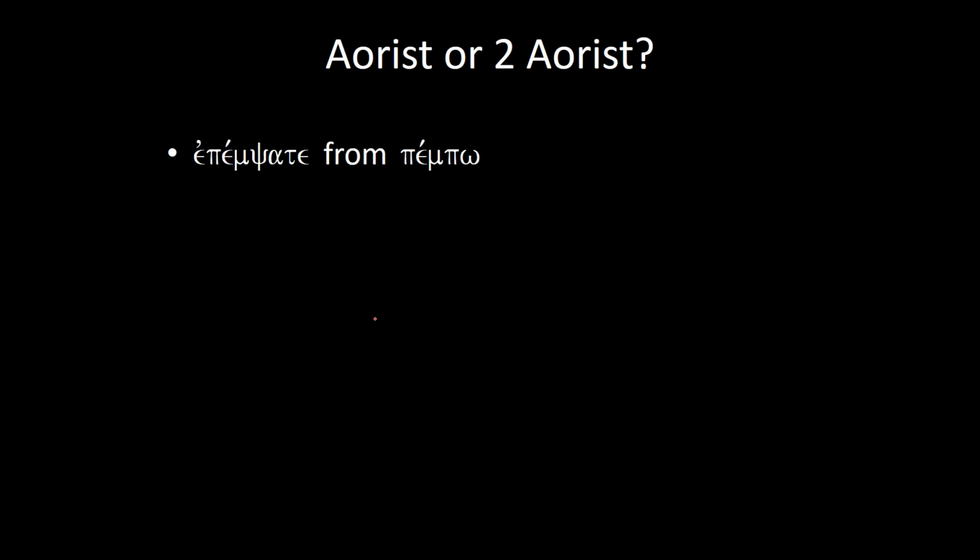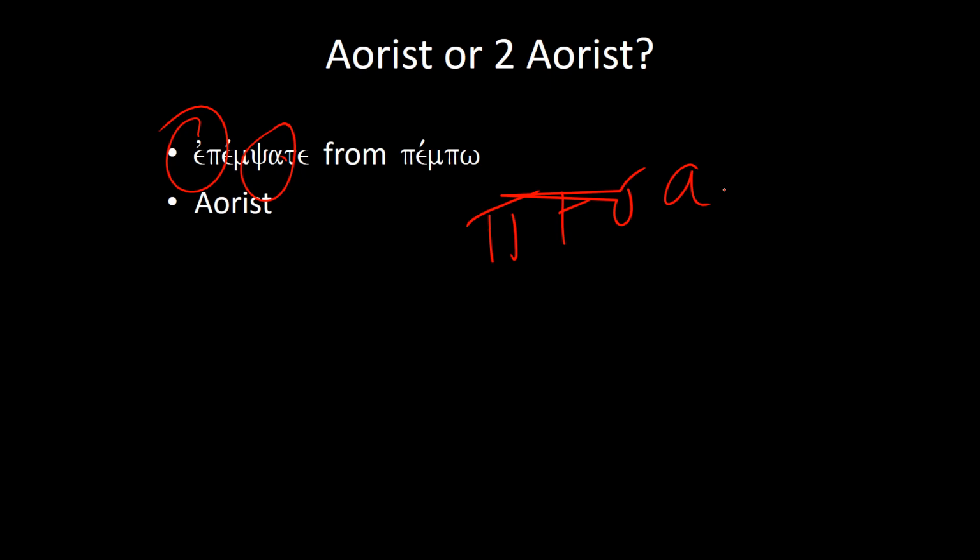Epempsate. You've got augment on the front, past tense. Psi alpha. This comes from pempō. P plus sigma alpha, psa. So that's the sigma alpha hiding in there. Is that aorist or second aorist? Aorist.